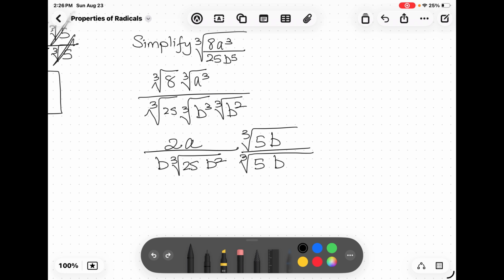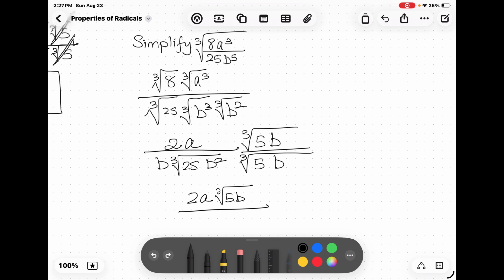Okay, so let's just bring this home here. 2a cube root of 5b. And follow me in the denominator here. Let's start with the numerically first, okay? So I've got the 25 and the 5. So I've got the cube root of three 5s, which is 5.